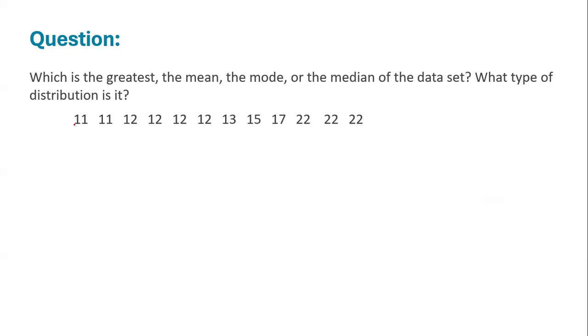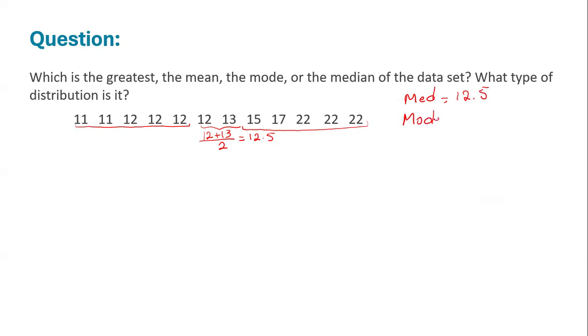An even number of data values means two numbers must be left in the middle. So let's see. If I put the first 5 and the last 5 in groups, two numbers will be left in the middle, and I need to find the mean of these two, which is 12 plus 13 divided by 2, which is 12.5. So the median is 12.5. To find the mode, I only need to look at which data value is repeating the most.